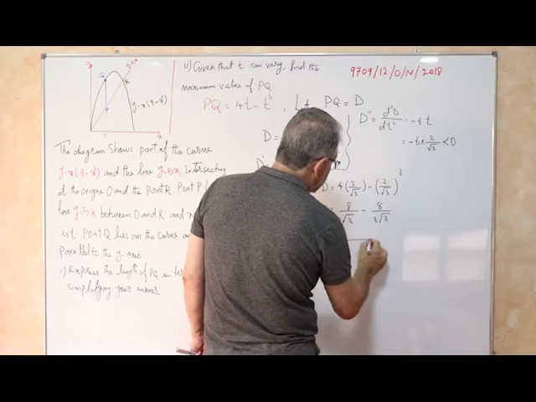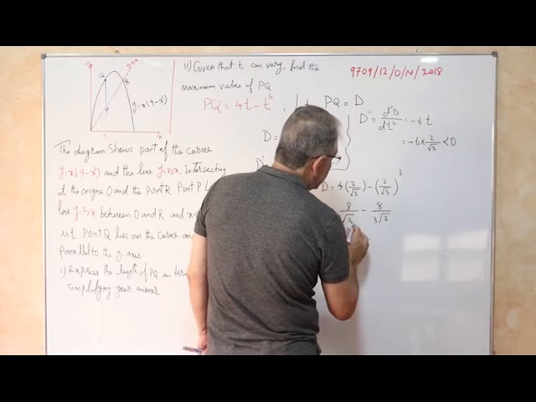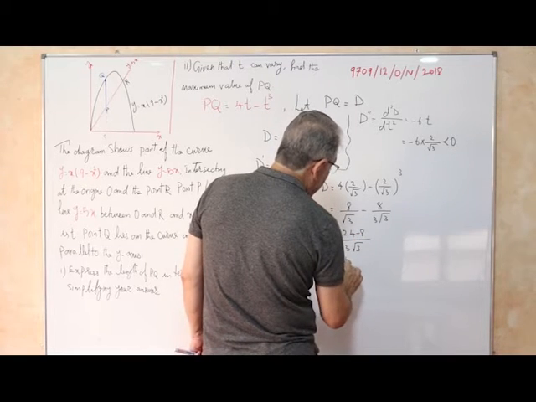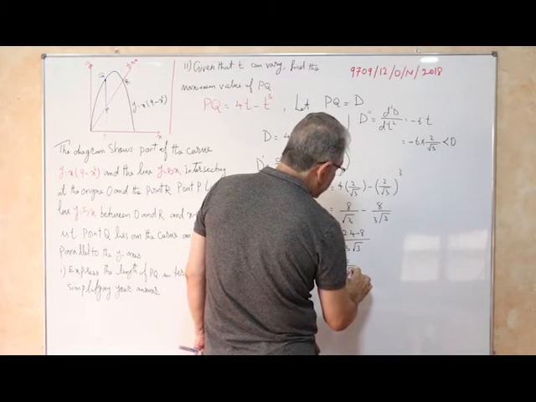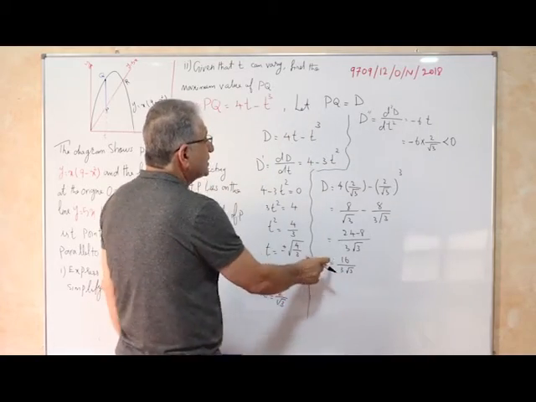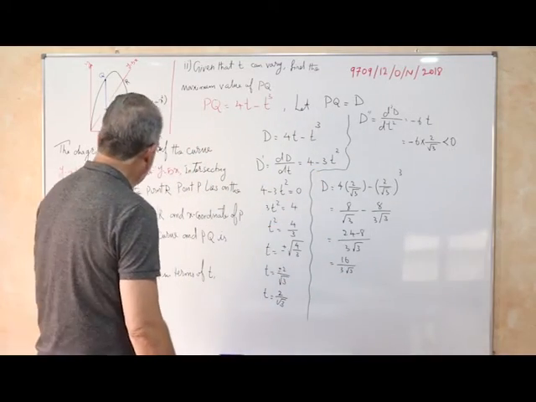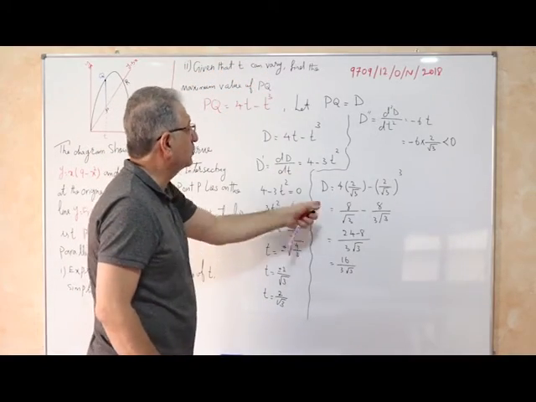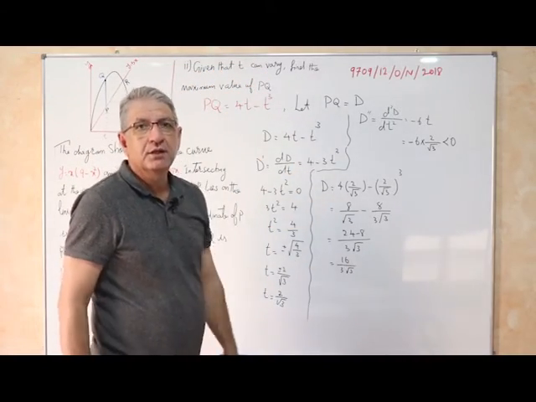Take the common denominator, which is 3 square root of 3. This will be 24 minus 8, which is 16 over 3 square root of 3. Therefore, this is the maximum value of D. We have found the maximum value of PQ, which we denoted by D.